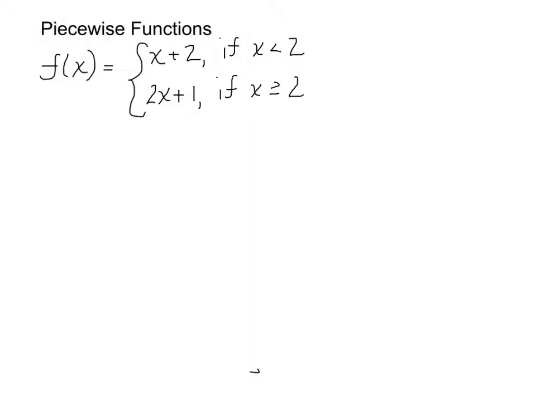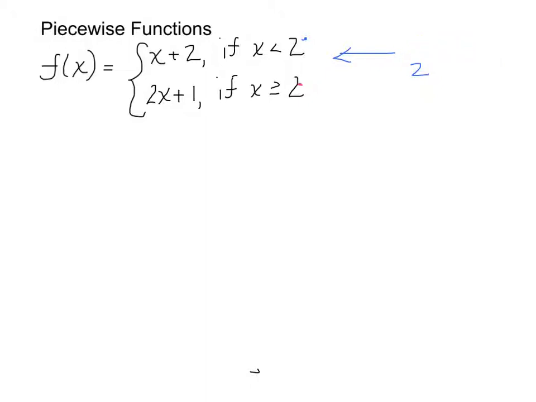So if you think about it on the number line, here's 2. And for the first function, I'll use blue, this is for all the x values that are greater. So those are the numbers or the x values that we can plug in. And then the second function, I'll use pink, are for all, I'm sorry, I said that backwards.